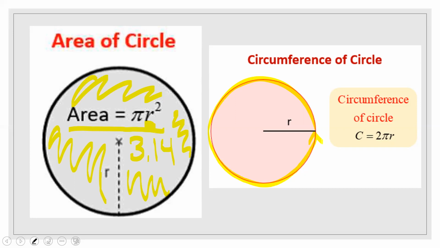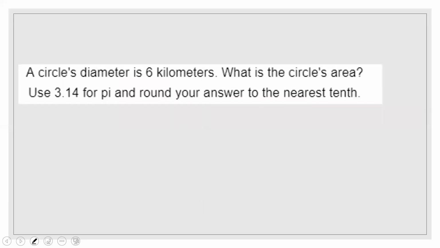Let's solve some problems involving these. Okay, so first we'll start off with this shape. It says a circle's diameter is 6 kilometers. What is the circle's area? Use 3.14 for pi and round your answers to the nearest tenth. Now, we know that area is equal to pi r squared.